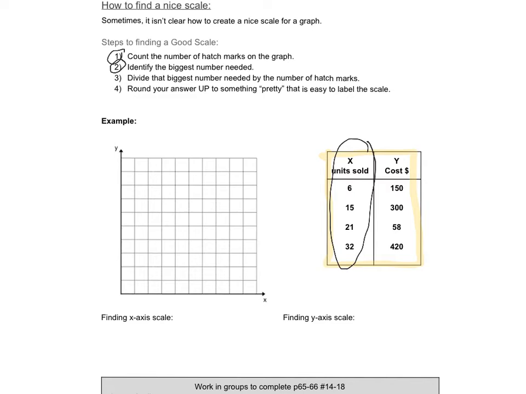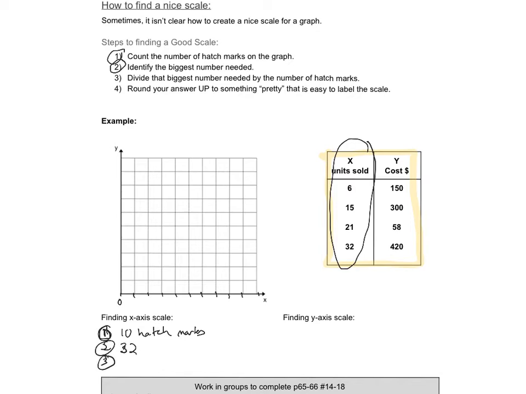So for my x-axis, starting at 0, I have 1, 2, 3, 4, 5, 6, 7, 8, 9, 10 hatch marks. So my step 1 is that I have 10 hatch marks. And my step 2 is I identify the biggest number needed, which for my x values is 32.